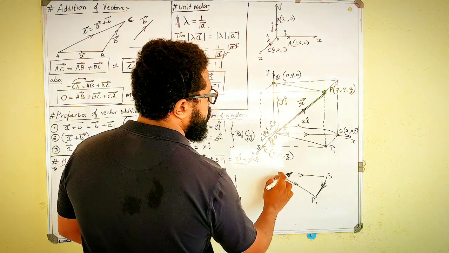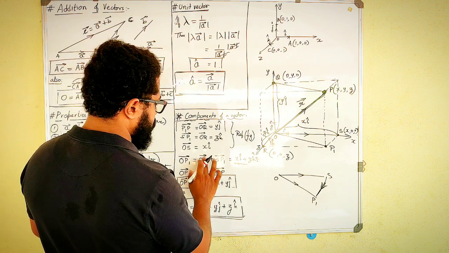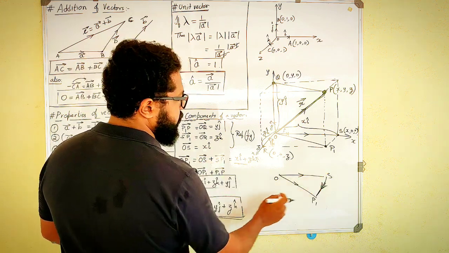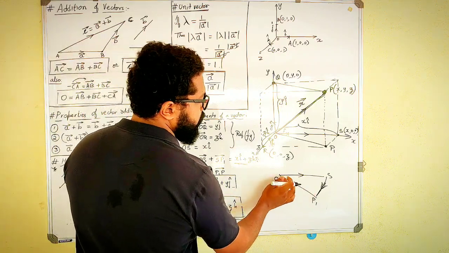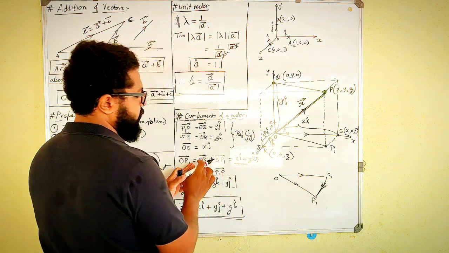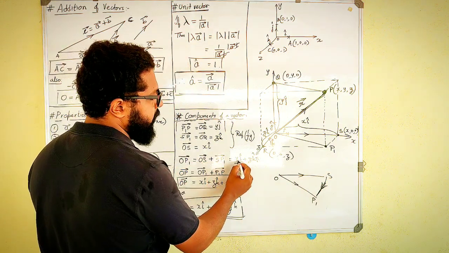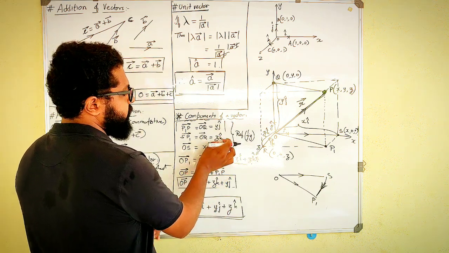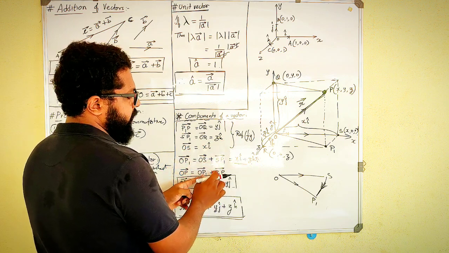So which means OS plus SP1. Okay. So you can see that OP1 is equal to OS vector plus SP1 vector, which is nothing but my XI plus ZK cap.